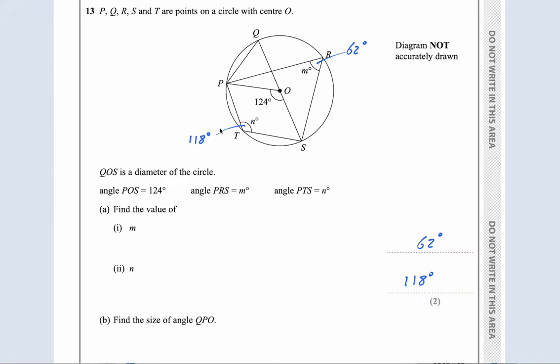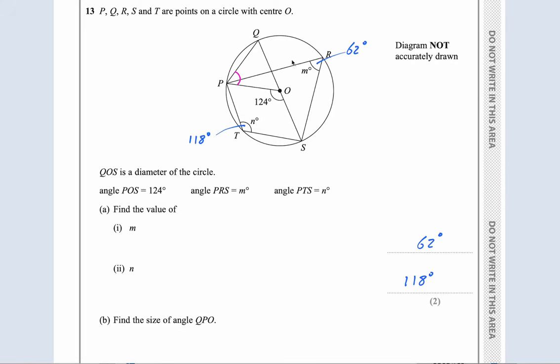So 118. Okay, then find the size of angle QPO. So he wants this angle here.